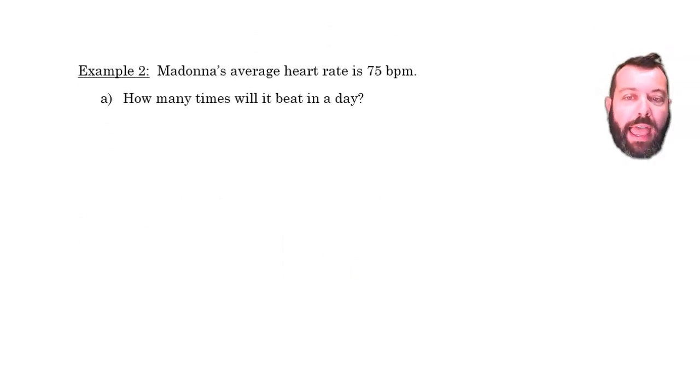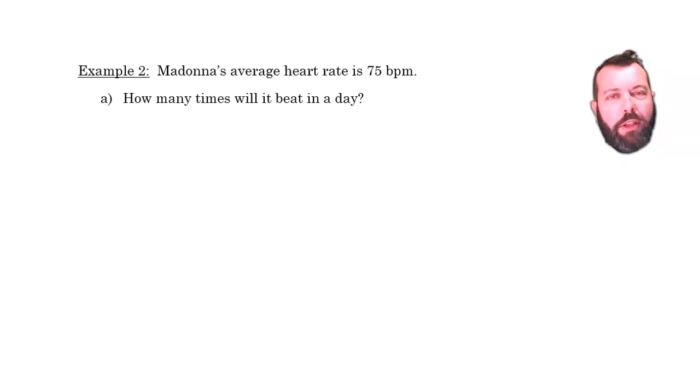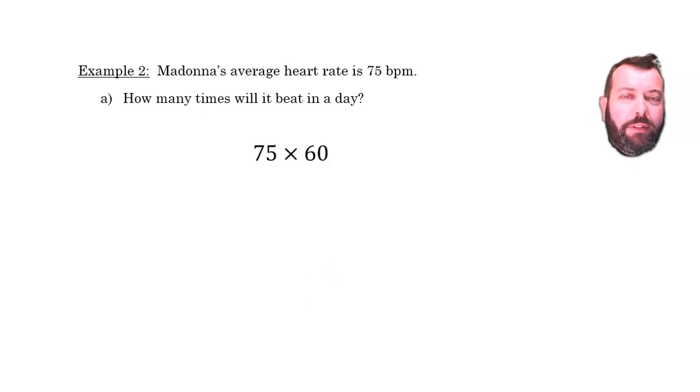Now, Madonna's average heart rate is 75 beats per minute. So how many times will it beat in a day? Well, if it beats 75 times in a minute, then it will beat 75 times 60 times in an hour. That's how many times it's going to beat in an hour. And in a day, 24 hours. So 75 times 60 times 24.